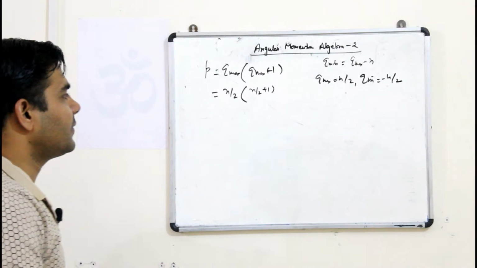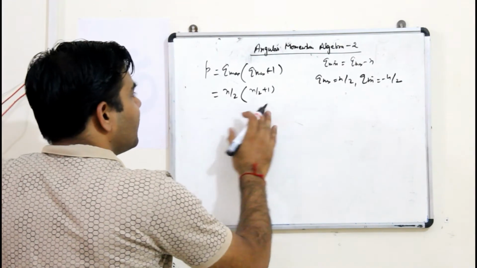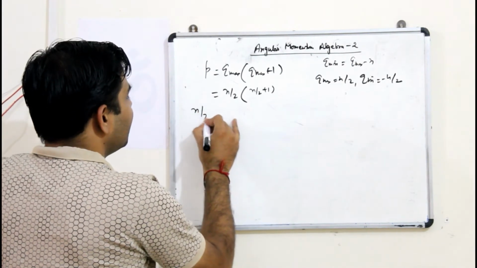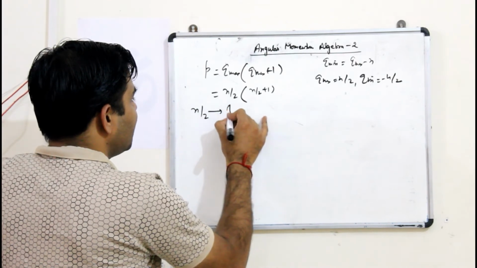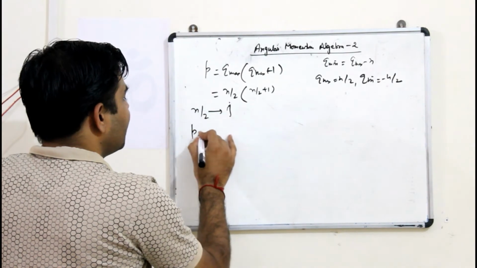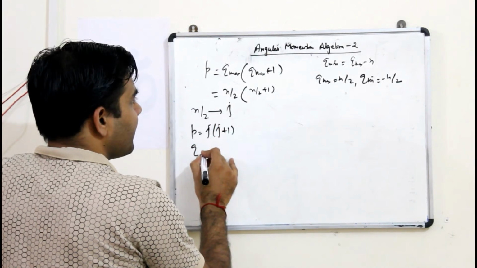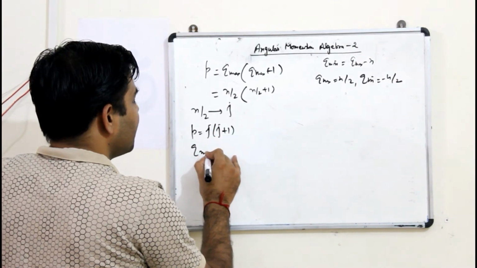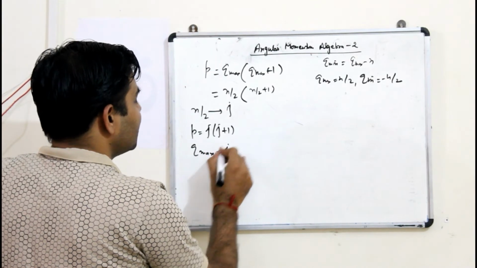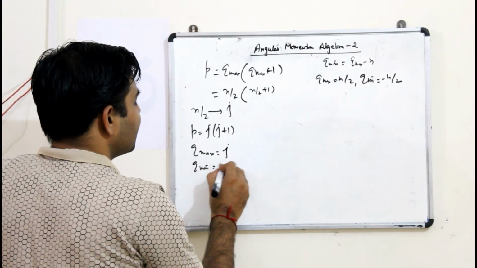So instead of writing n by 2, let's use another symbol. Let me use n by 2 as the symbol j, so that P becomes j into j plus 1, and Q max will become plus j, and Q min will become minus j.